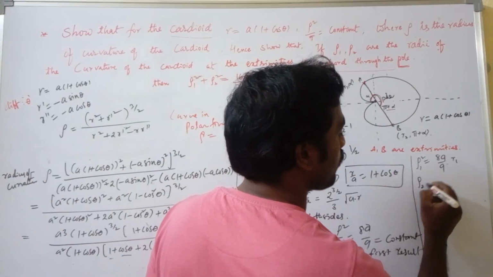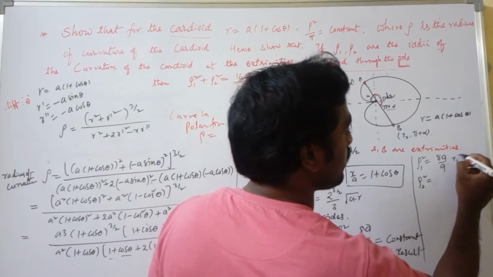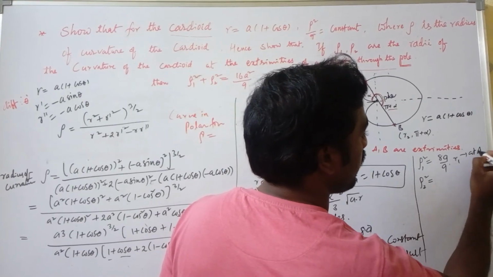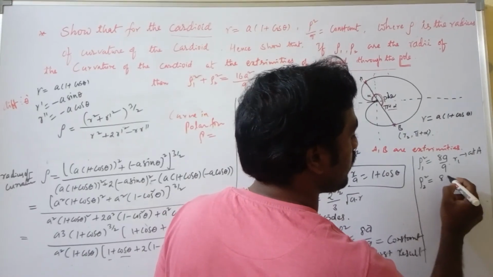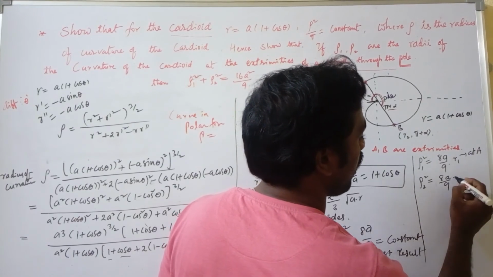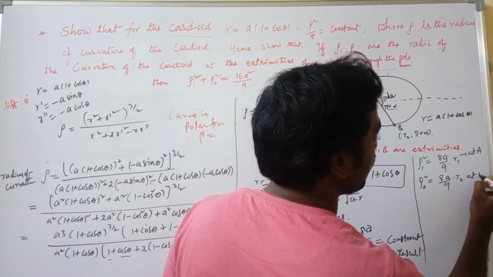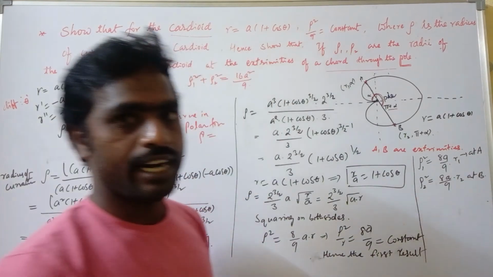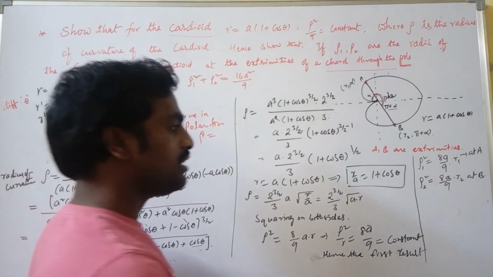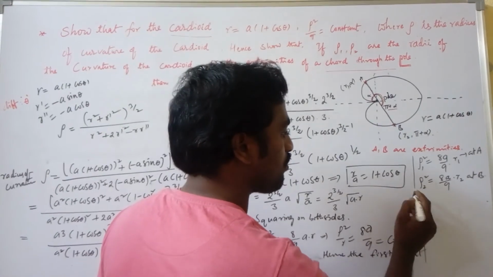Next rho 2 square equal to, at extremity b, 8a by 9 into r2. Next we can simplify that value.